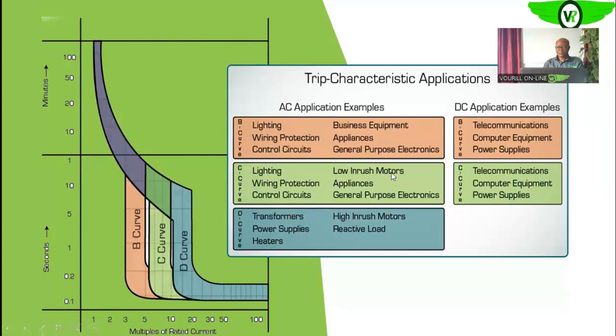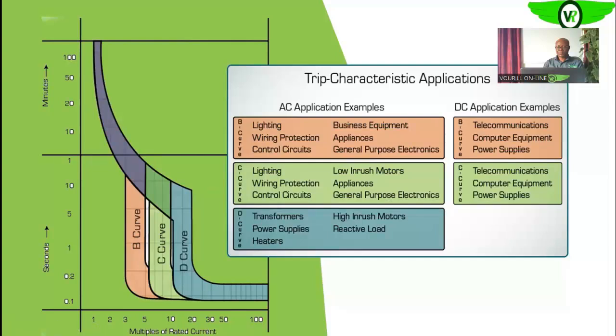Motors whose starting current is not up to 5 times to 10 times the nominal or the rated current of the circuit breaker. Because if it is up to that, of course, that will cause some nuisance tripping. Are we getting it?